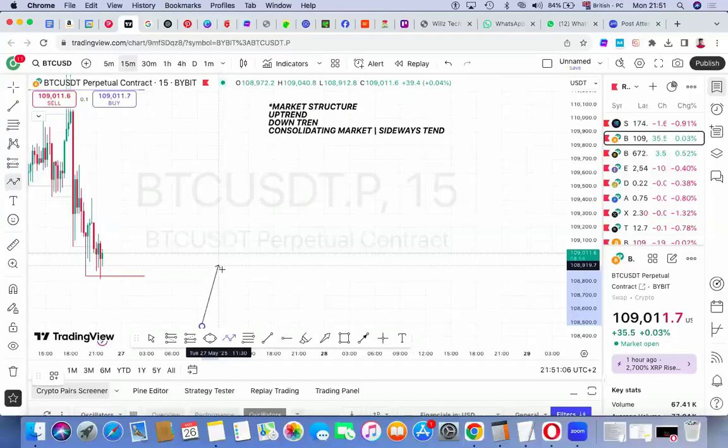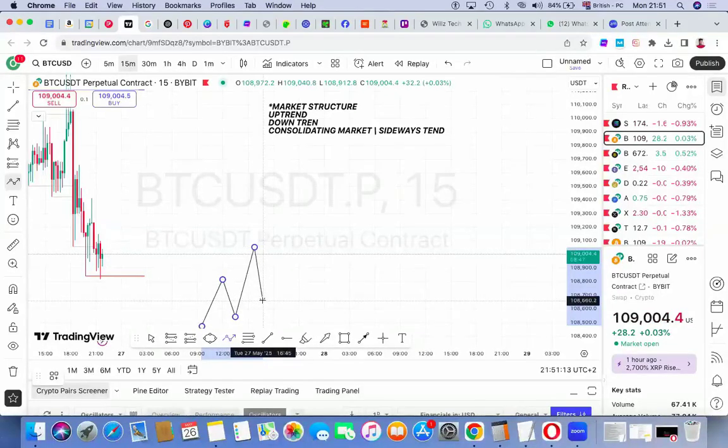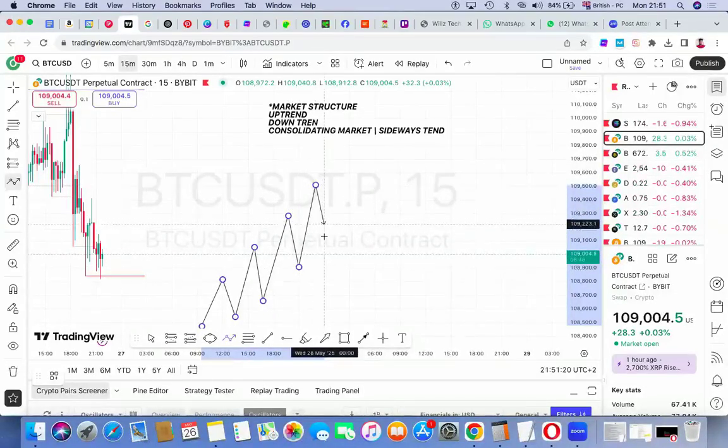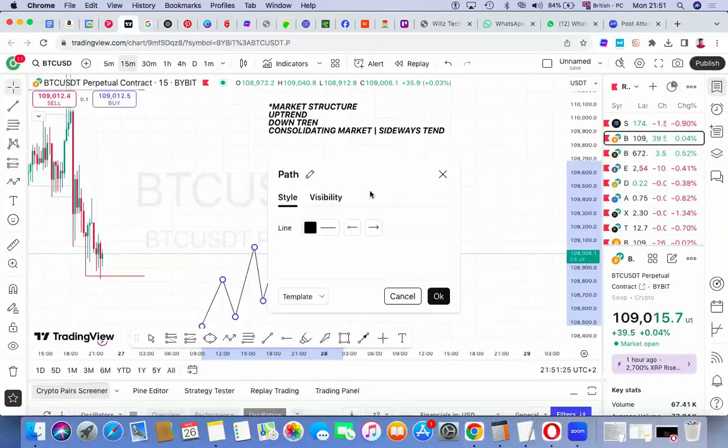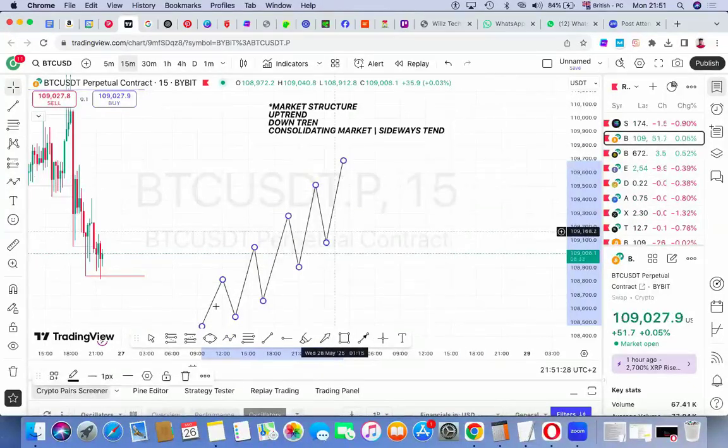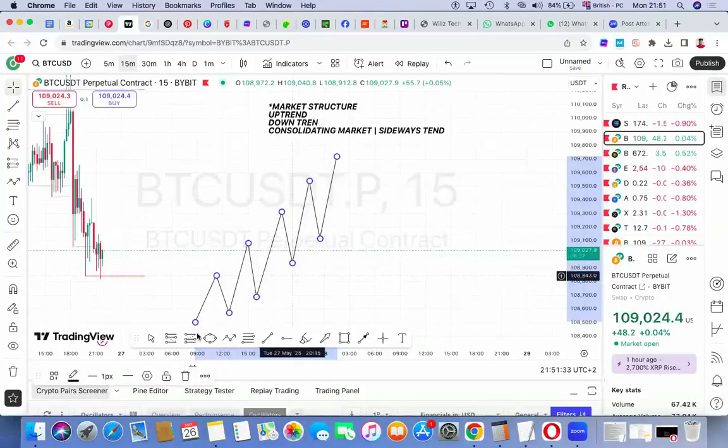So in an uptrend, you will see something like this: market creating higher highs and higher lows. So this is a clear example of an uptrend. The market is doing what it does, moving in waves, but then creating impulsive moves to the upside and creating a pullback leg and creating a higher low.